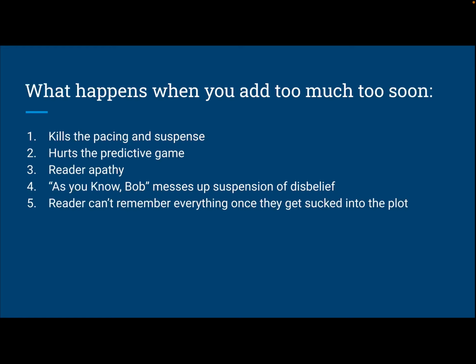You're piecing these together based off of the clues that you do have, and then you're either proven right or proven wrong. It's this little game that people are playing in their head as they read, and when they don't have all the answers up front, it makes them want to keep reading to see if they're right or wrong. That's what helps you drive the pacing and keep your reader's interest.